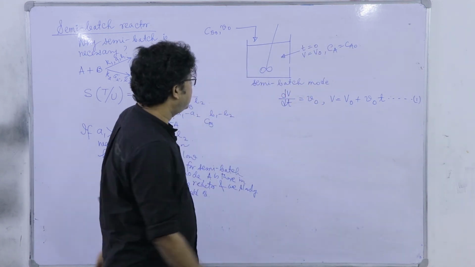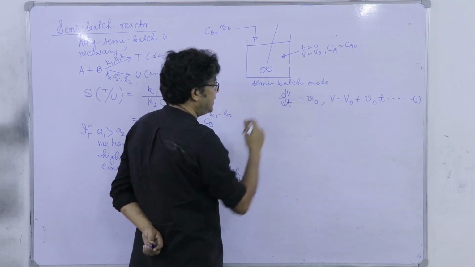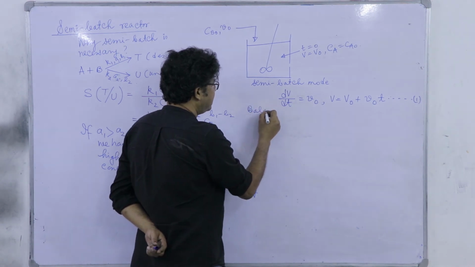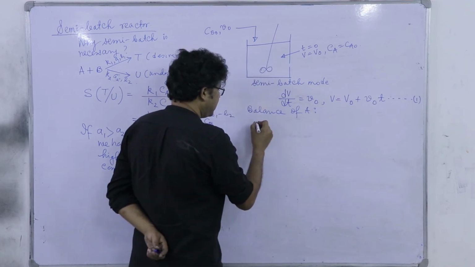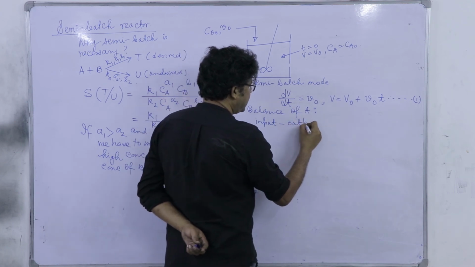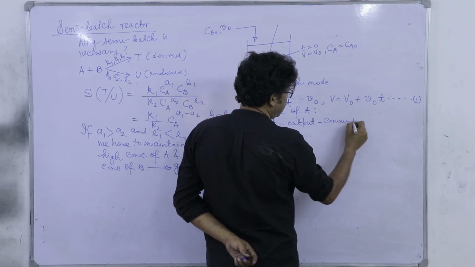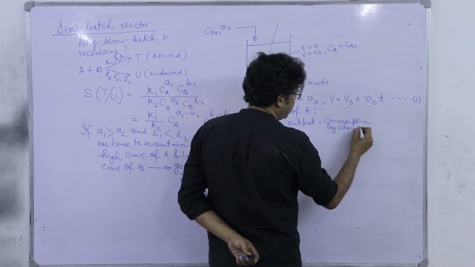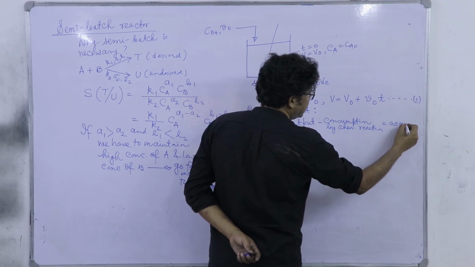Now, second, this is the outcome of the overall mass balance, we consider this incompressible and from there we get this. And second is the balance of A. What is that? Input minus output minus consumption by chemical reaction is equal to accumulation.